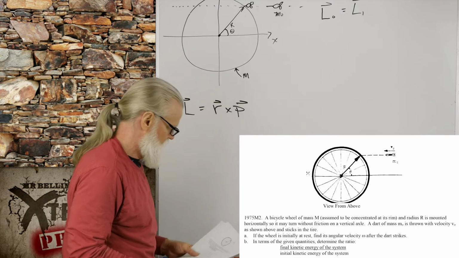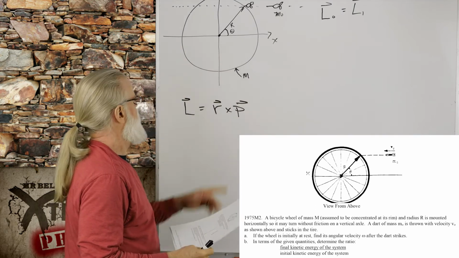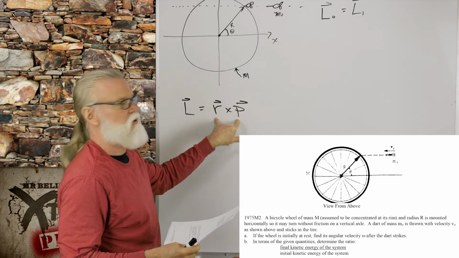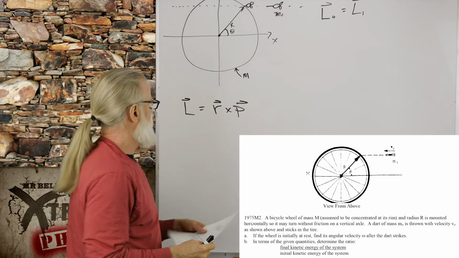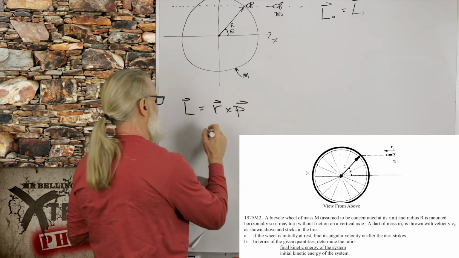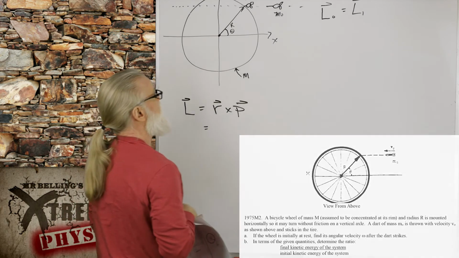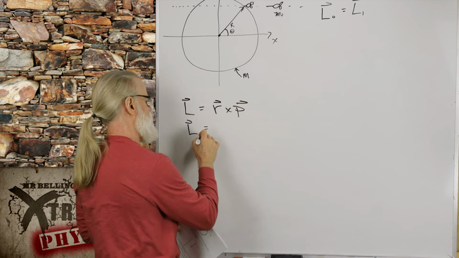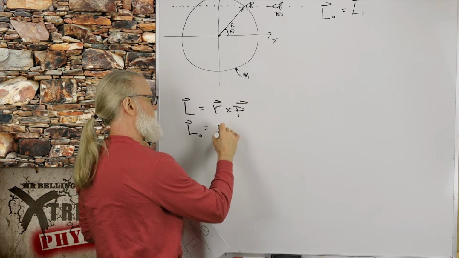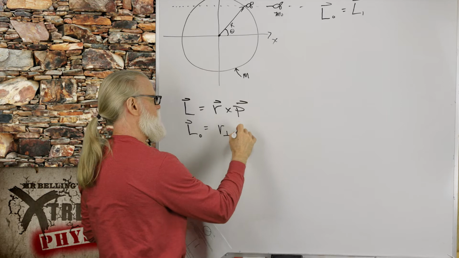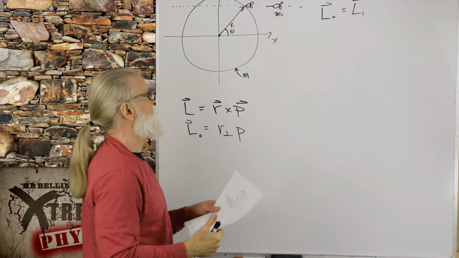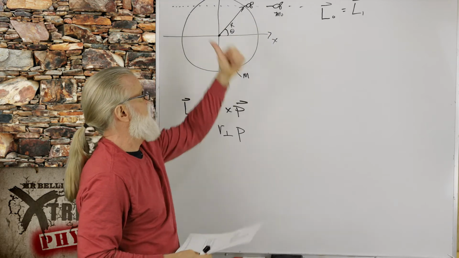So R cross P is non-zero. They do have right angle components to each other. When we calculate the magnitude, in this case, we are going to look at just the magnitude of the initial. We're going to look at the moment arm, because the moment arm is going to be the easiest to figure out. The momentum's easy to figure out too. It's just m0 v0.